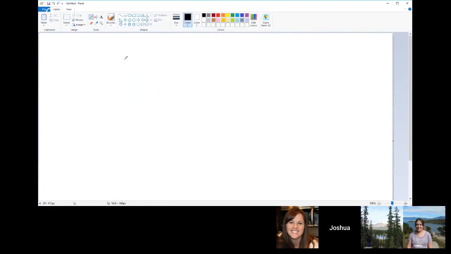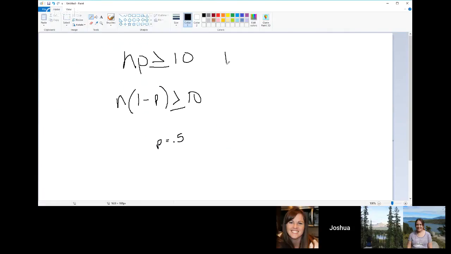So the equation for the confidence interval stuff is n times p is greater than or equal to 10. And then the other one is going to be n times 1 minus p is greater than or equal to 10. So if we know that p is equal to 0.5 because it's 1/2, then the first one we're going to want to do is n times 0.5 is greater than or equal to 10.